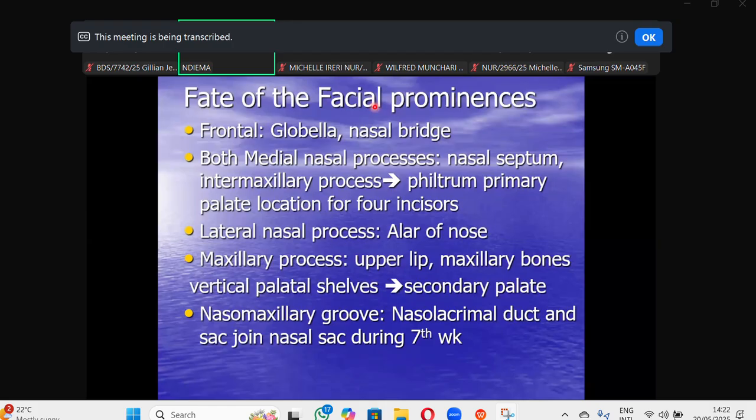It eventually undergoes canalization. And after undergoing canalization, it forms the nasolacrimal duct and also part of the nasolacrimal sac. And this duct and the sac join up with the nasal sac during the 7th week.